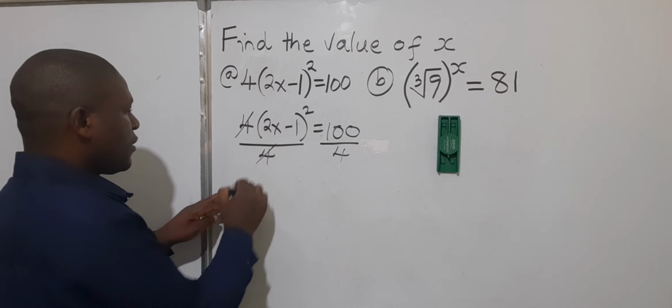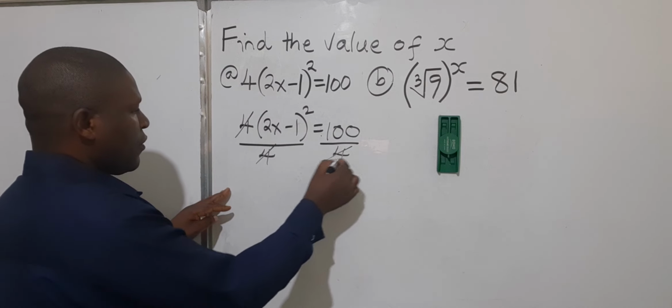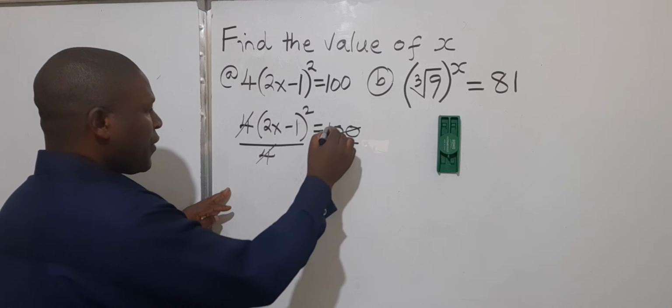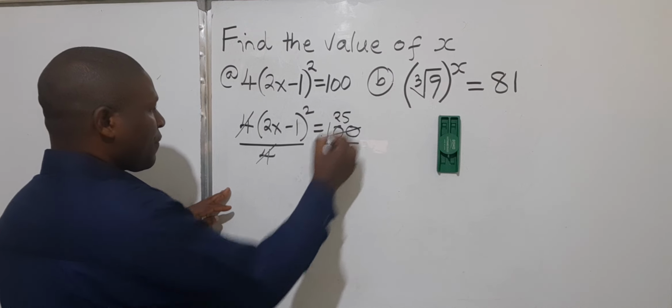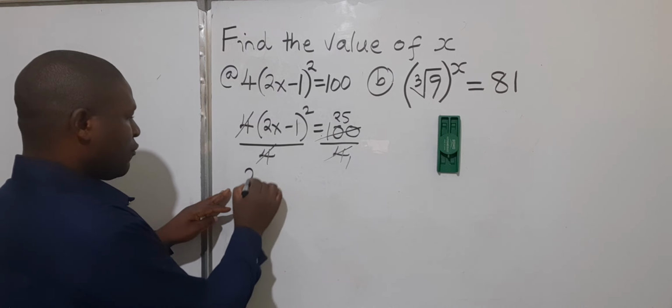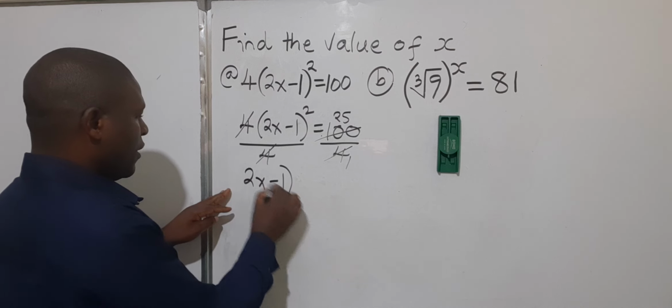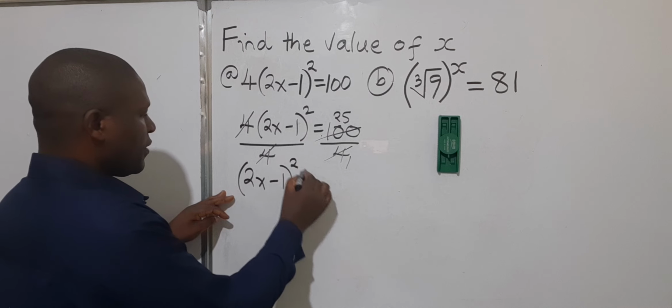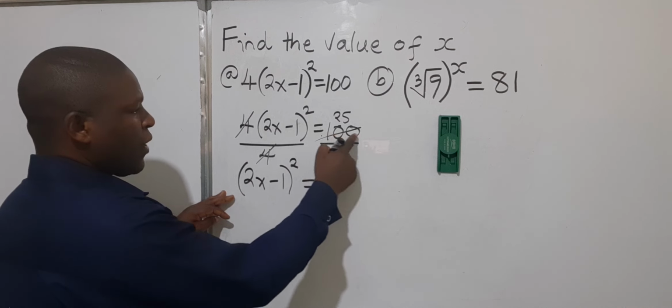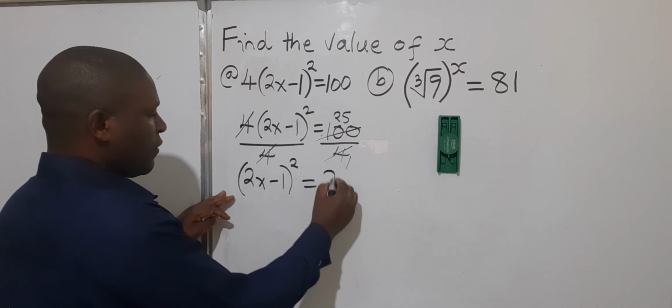So this and that will go. 4 into 4 is 1. 4 into 100 is going to be 25. So you're going to have (2x minus 1) in brackets squared equals to what we have after the equal sign, which is now 25.